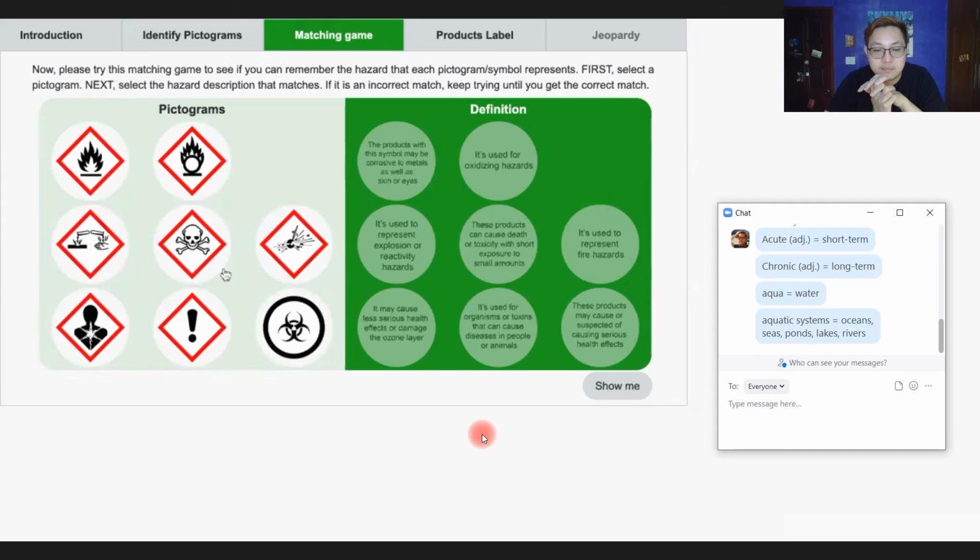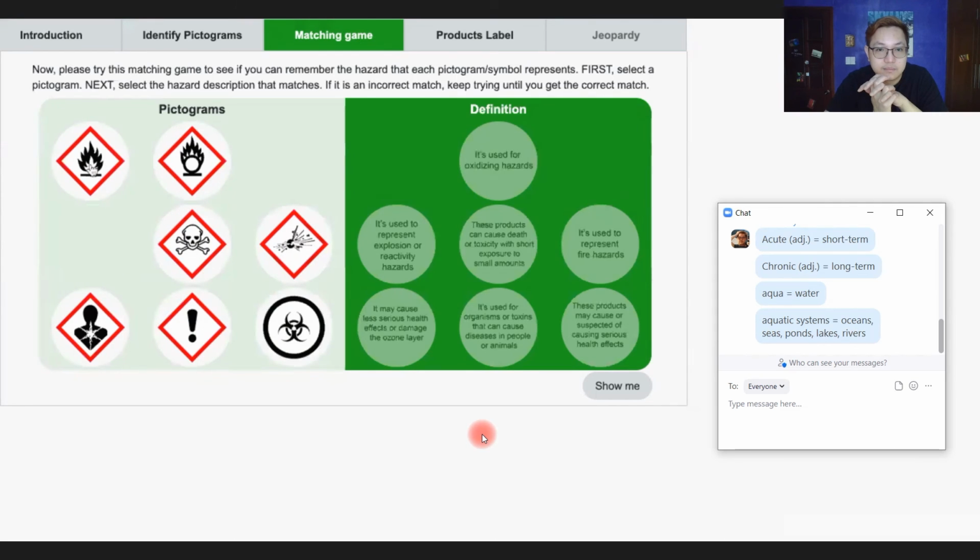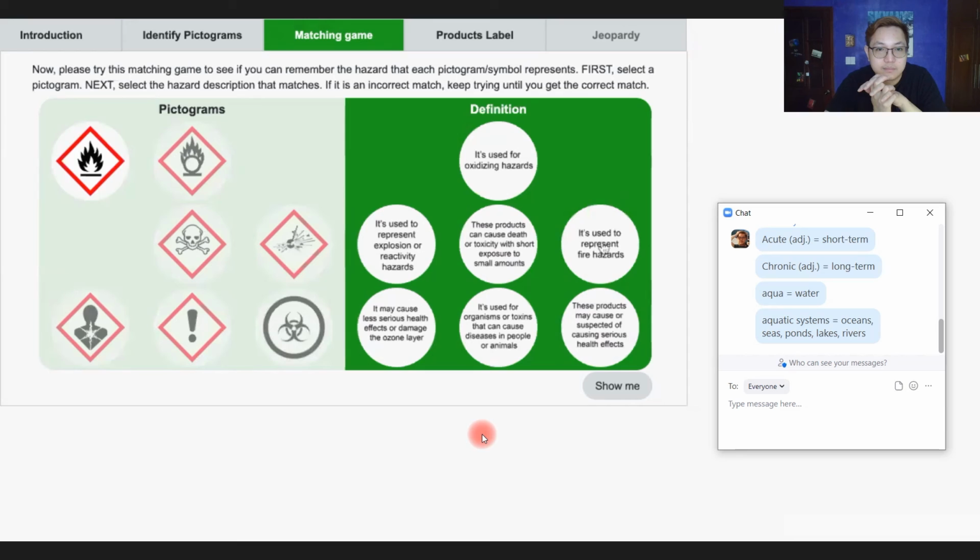And a product with this symbol may corrode metal as well as your eye.